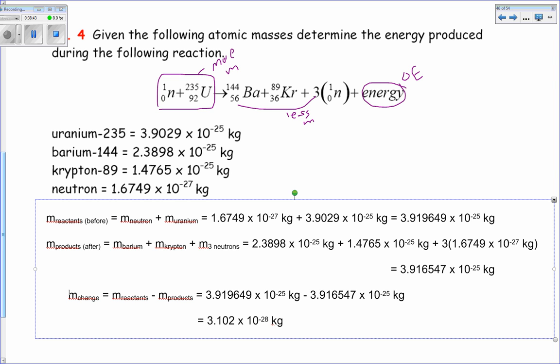Sorry guys, kilograms. And then what we're actually trying to find is the energy produced.